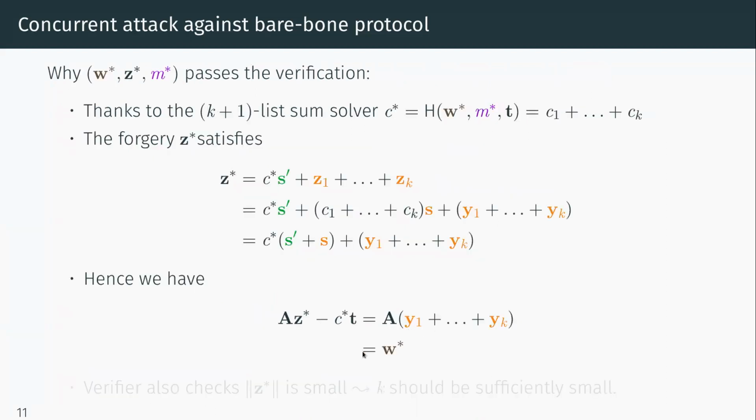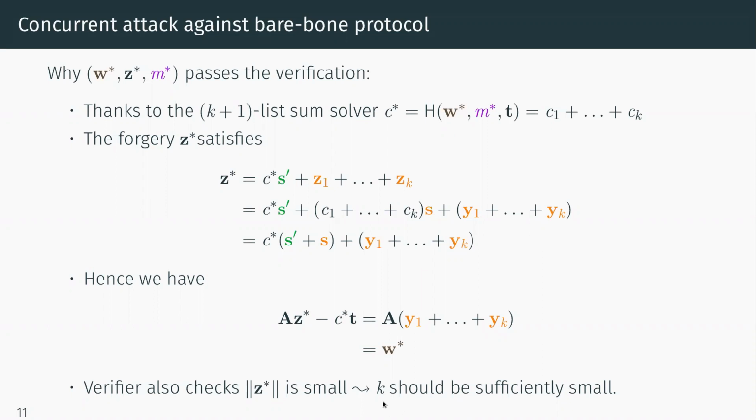Okay, so then after this, you can actually check that AZ star minus C star T is equal to this W star. So this actually passes the verification. Of course, because now we are working on Fiat-Shamir with aborts, some care is needed. The verifier checks that Z star is small, so the number of concurrent sessions should not be too large.